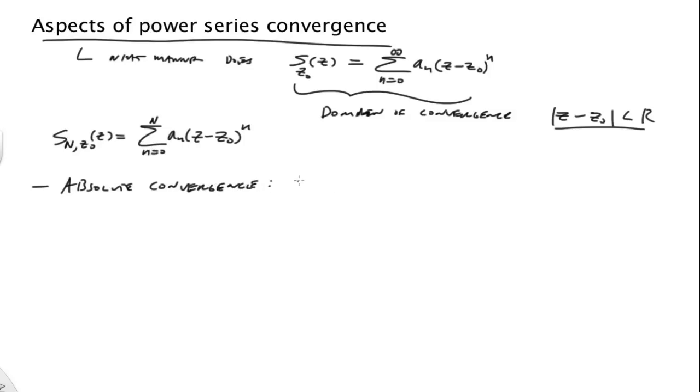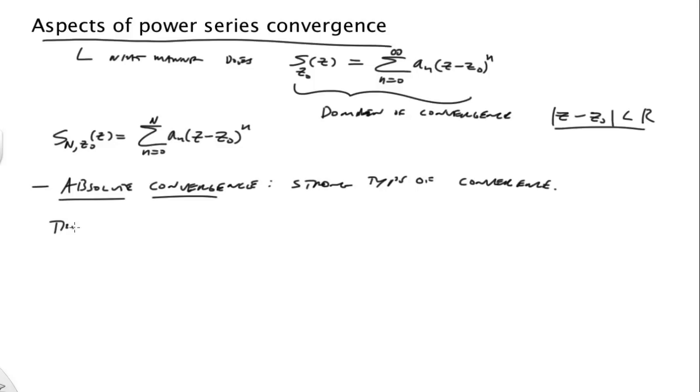Absolute convergence is a strong type of convergence. So we've talked about some examples.